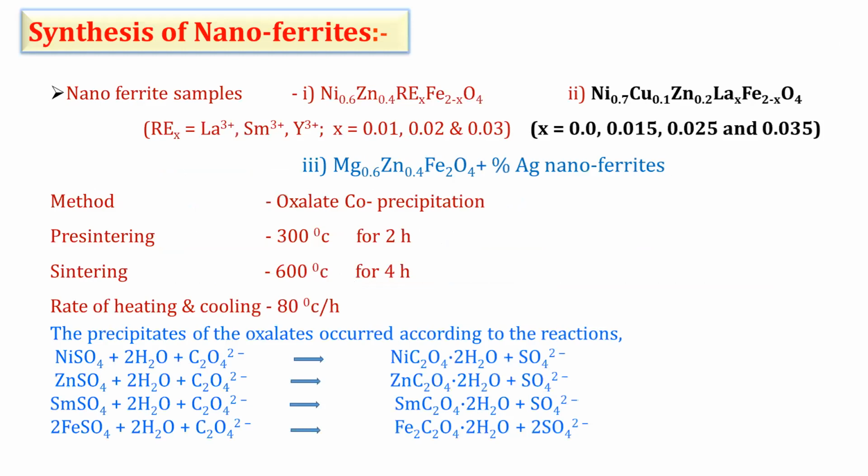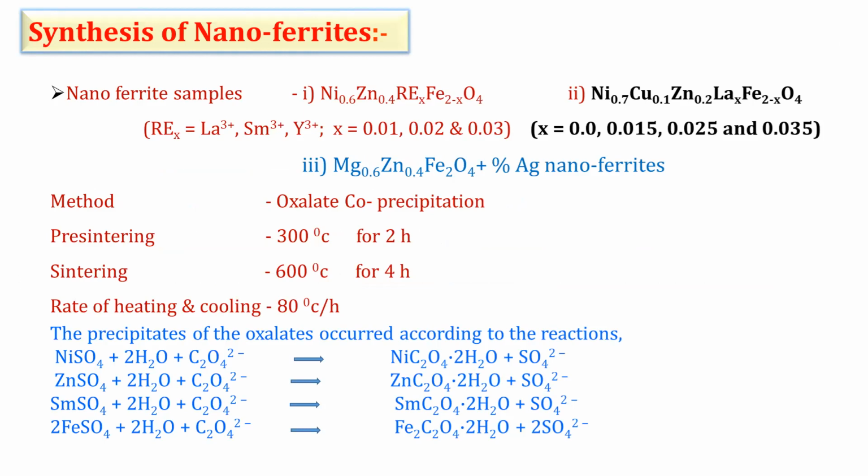Now synthesis of nanoparticles under presentation. Here in our lab, our students prepare nanoparticles in the form of nanoferrites. That is, rare earth substituted zinc ferrite, samarium, lanthanum, and yttrium substituted nickel zinc ferrite nanoferrites can be prepared by using the oxalate co-precipitation method.